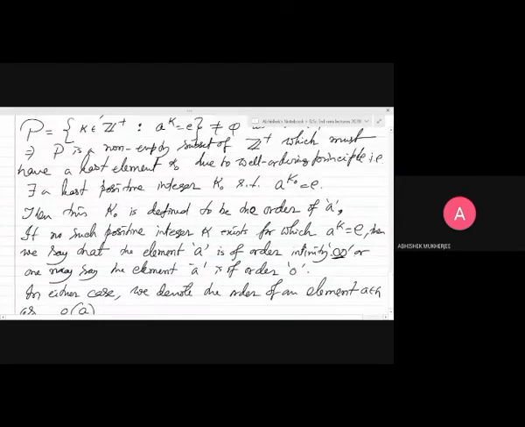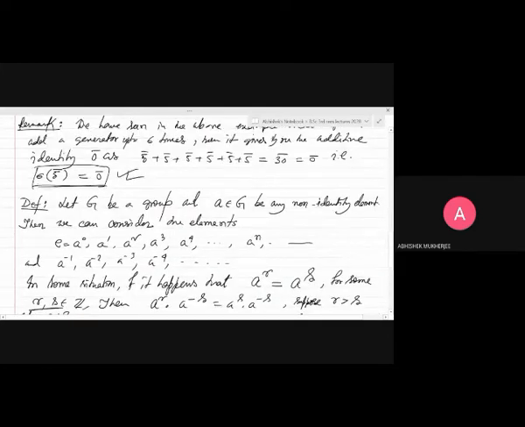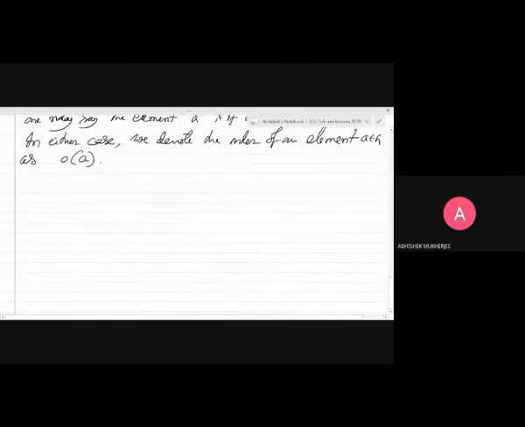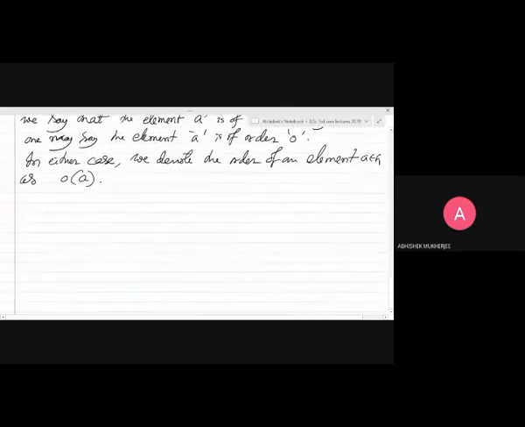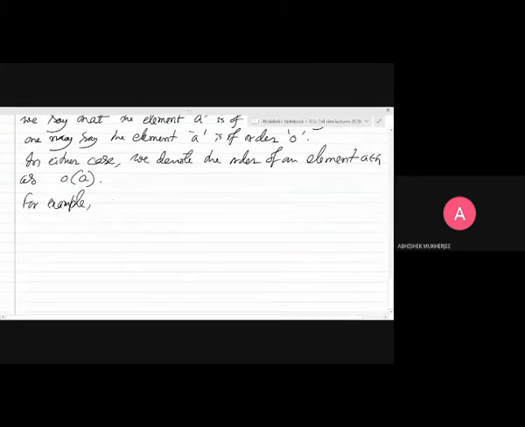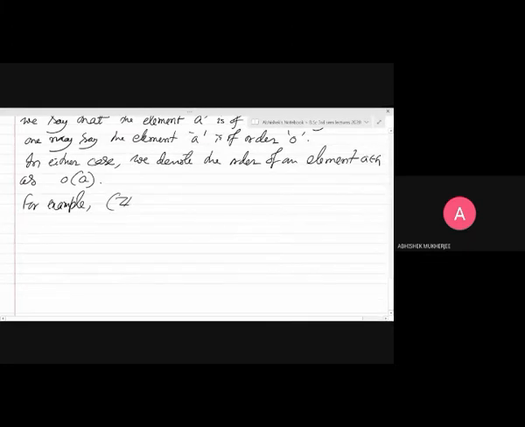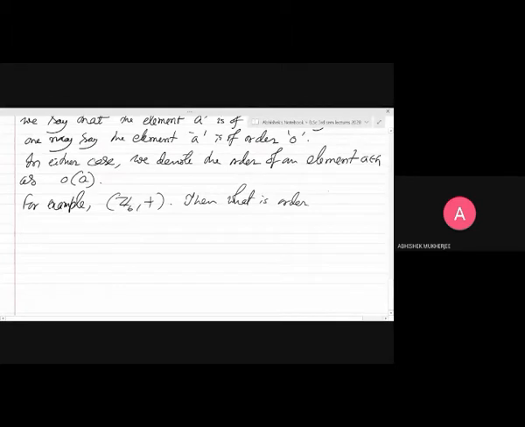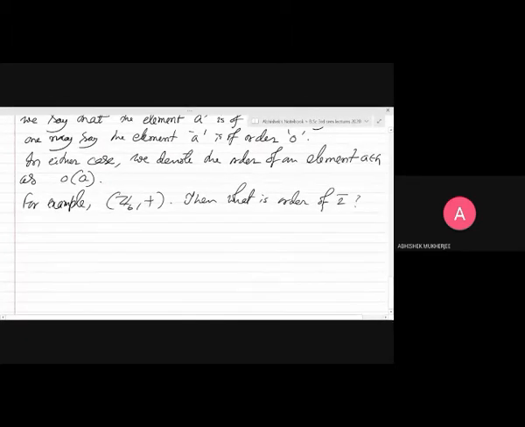Okay. So as we have defined order, one may prove that, for example, suppose you consider Z6 under addition. What is the order of the class of 2? Can you say? Just do it now.